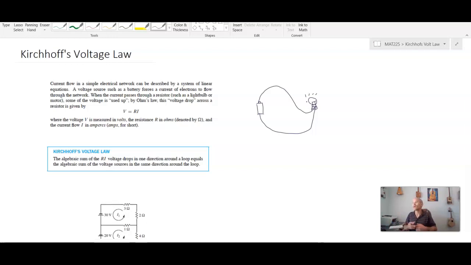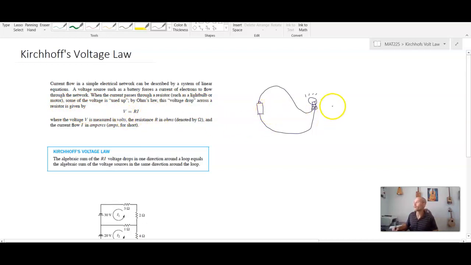And that is where we get what's called a voltage drop. When the current passes through a resistor, such as a light bulb or motor, some of the voltage is used up, so to speak. By Ohm's law, this voltage drop across a resistor is given by V equals Ri.